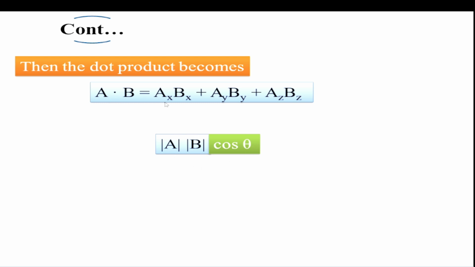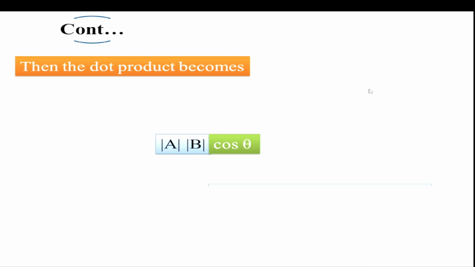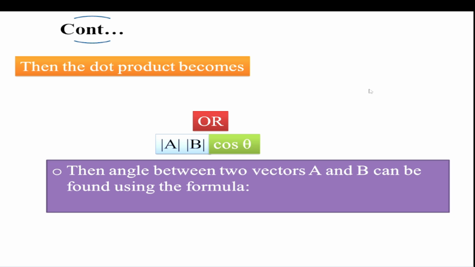A dot b is equal to ax bx plus ay by plus az bz, which is equal to magnitude of A, magnitude of B, cosine of theta. If so, we are requested to find the angle between them. How can we find it? That is very easy. Great. So the angle between the two vectors A and B can be found using the formula.